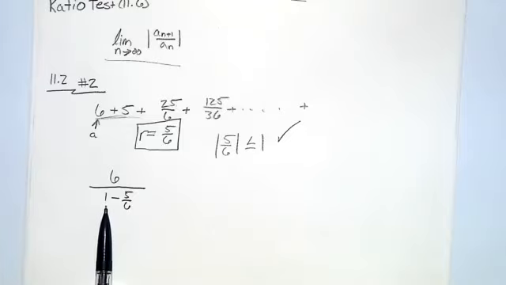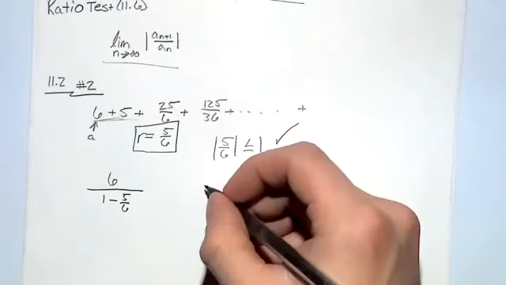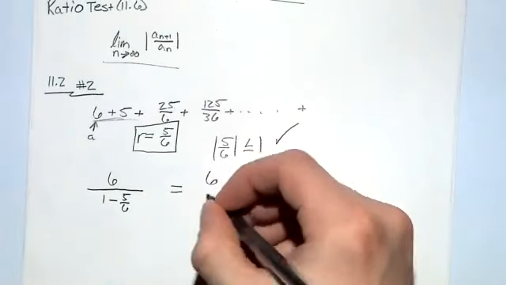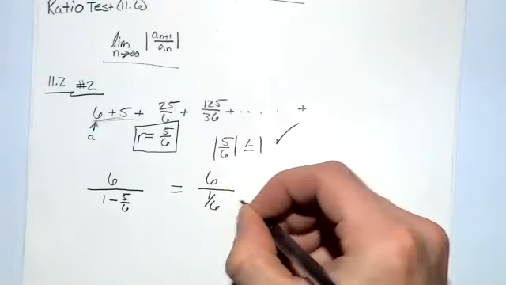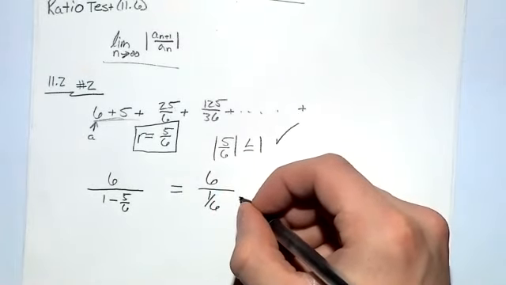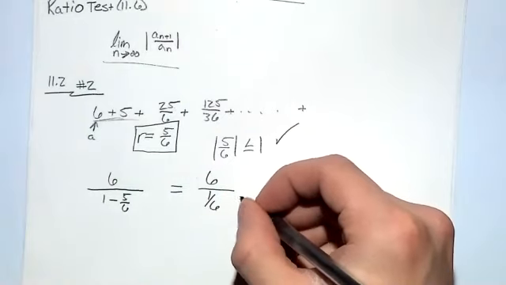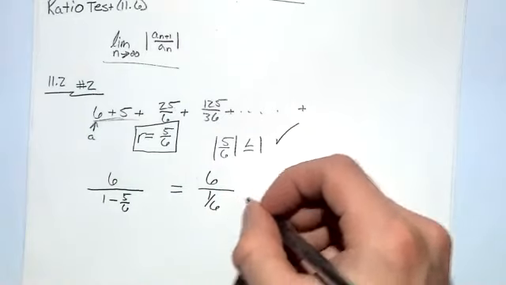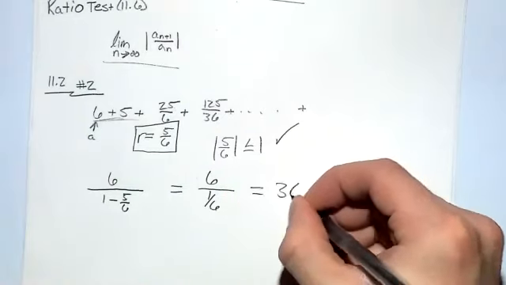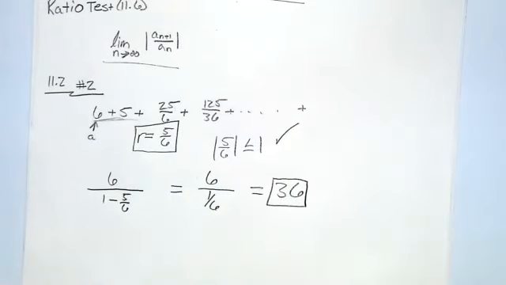So we have 6/6 minus 5/6, which equals 6 over 1/6. Then we can just multiply by 6 on both the top and bottom, and now we're left with 36. So that is the value that the geometric series converges to. All right.